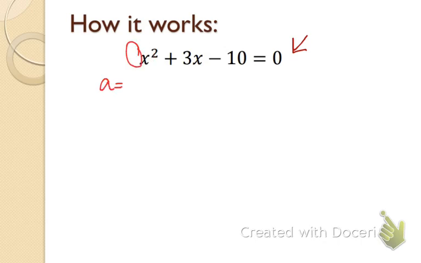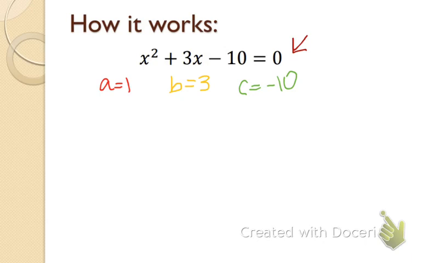Here we have the invisible 1, so a is 1. b is the value in front of x, the coefficient of the x term, or the middle term, which is 3. And c is our constant, the value that has no variable attached to it. Once you identify them, you can easily substitute them into the quadratic formula.